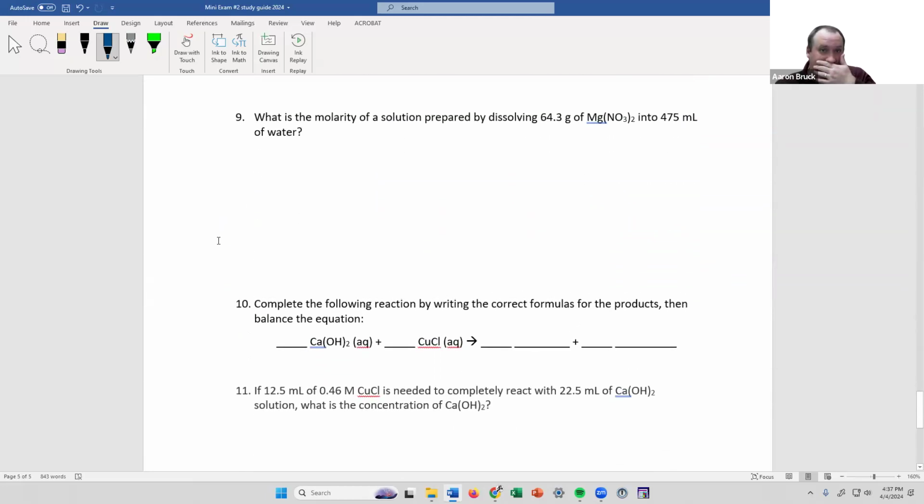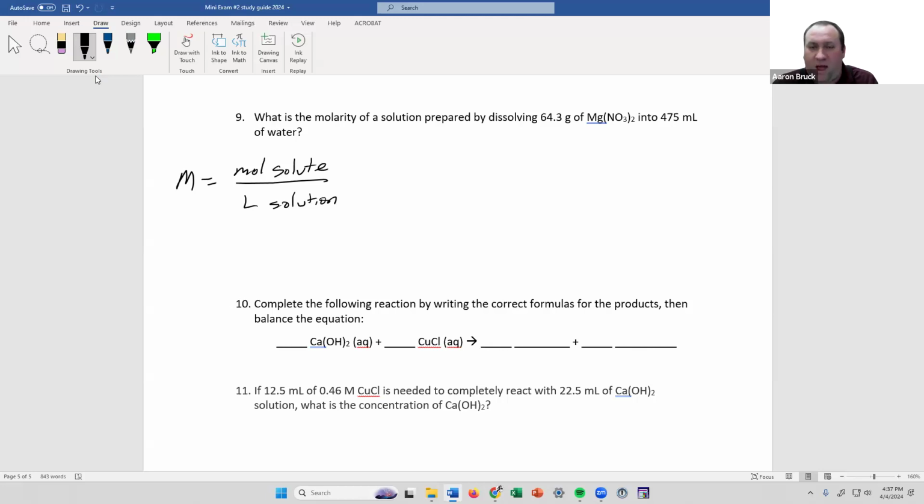Right. What is the molarity of a solution prepared by dissolving 64.3 grams of magnesium nitrate into 475 milliliters of water? Okay, this is a molarity question. So for molarity, we need to remember our definition. It's moles of solute over liters of solution.